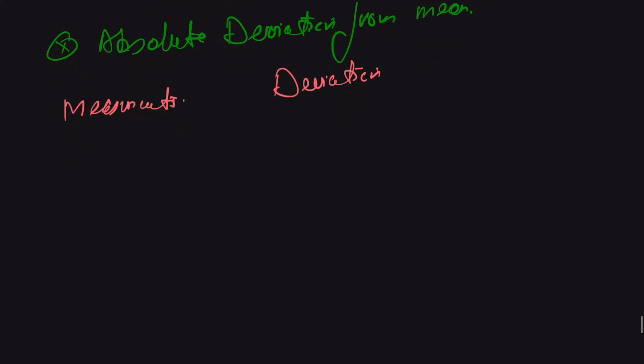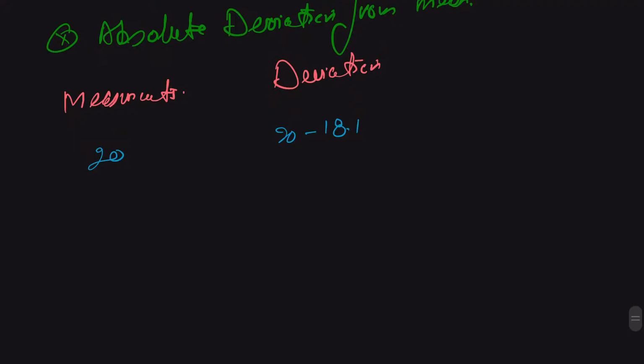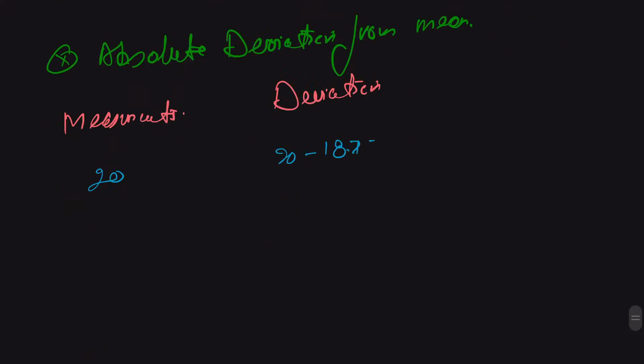The first measurement is 20, so it will be 20 minus 18.7525, which comes as 1.2475.